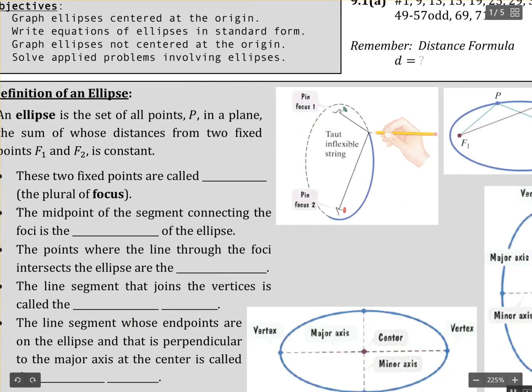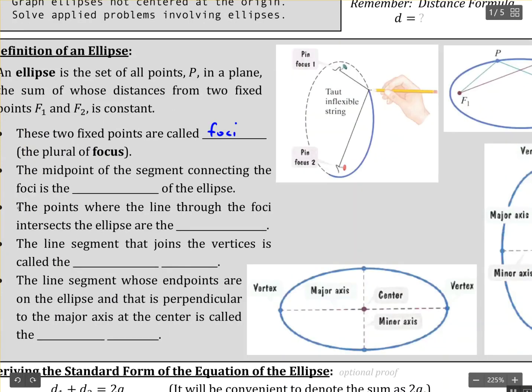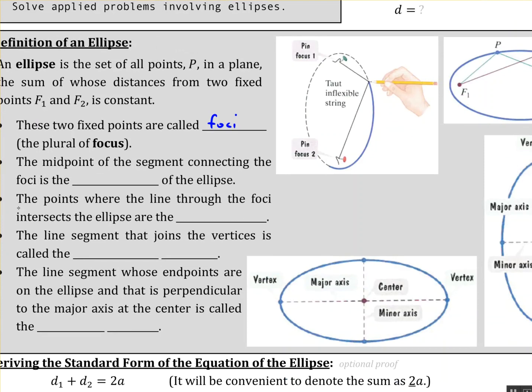These 2 fixed points are called the foci, or the focus individually. The midpoint of the segment connecting the foci is the center of the ellipse. Points where the line through the foci intersects the ellipse are the vertices.